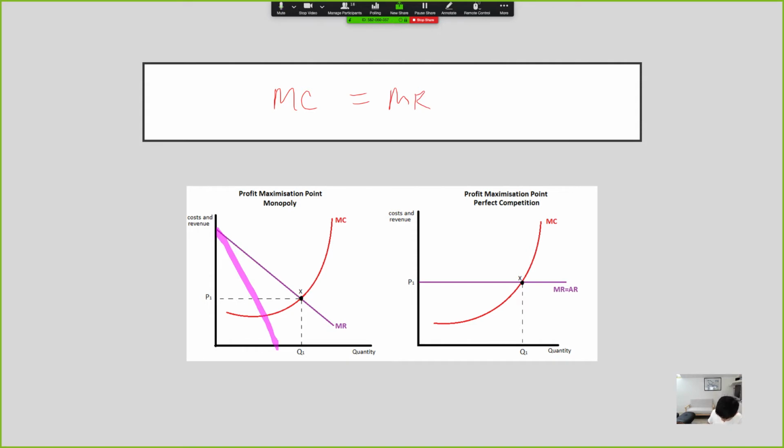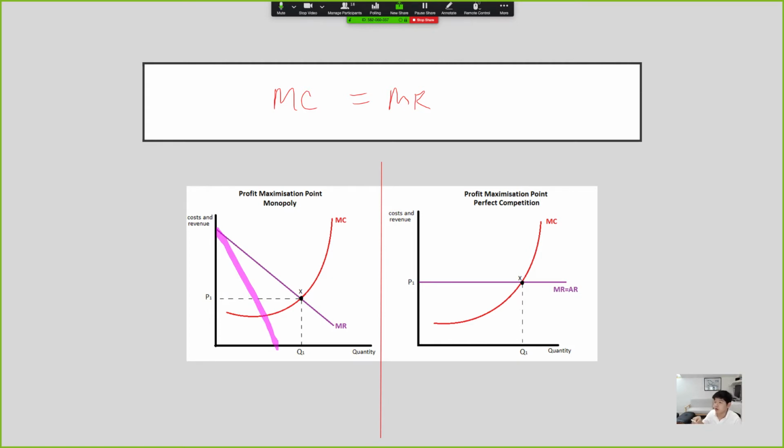Okay, now when we want to show marginal cost equals to marginal revenue, we have to be sure to understand what we are drawing. When we are drawing the profit maximization point, there are 4 different kinds of market structure which we are not learning about today.